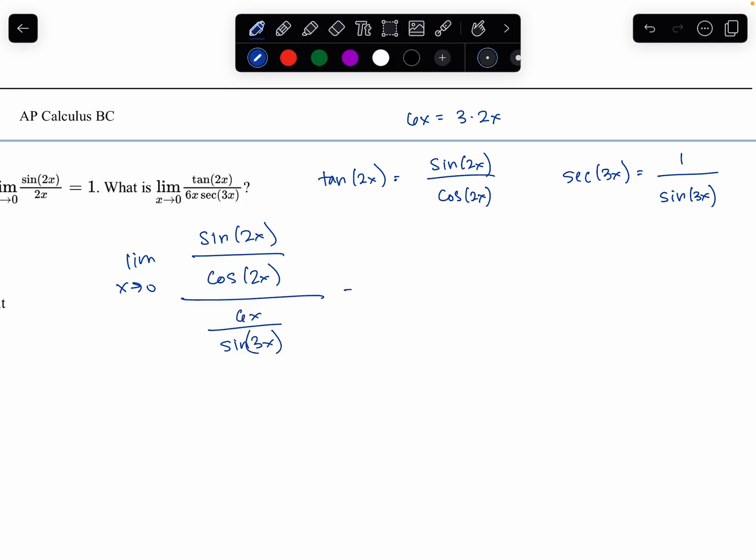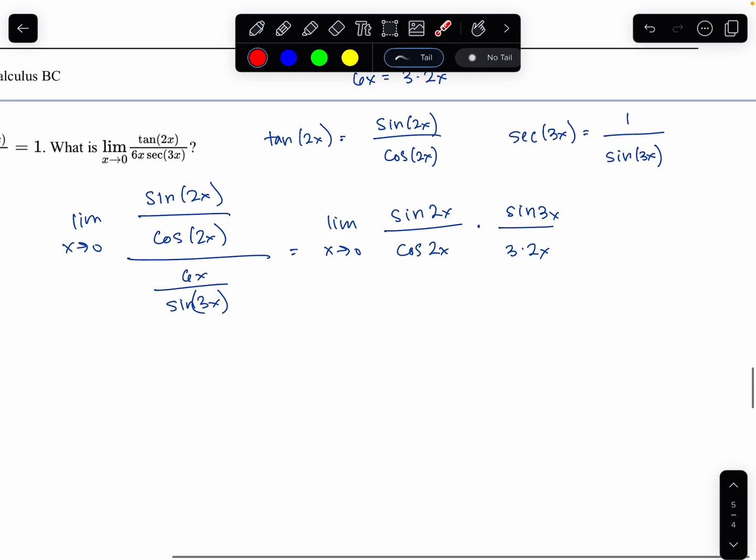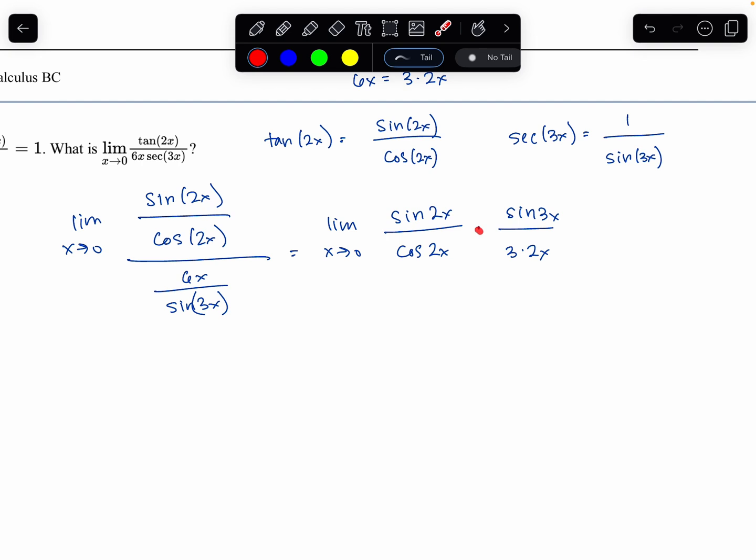So then this is going to be equal to the limit as x approaches 0 of sine of 2x over cosine of 2x times, I'm going to flip that one, so it's going to be sine of 3x over, now instead of writing 6x, I'm going to write 3 times 2x. Okay, because now I'm going to rearrange some orders because this is all being multiplied and divided, so I can rearrange them because they're commutative, right?